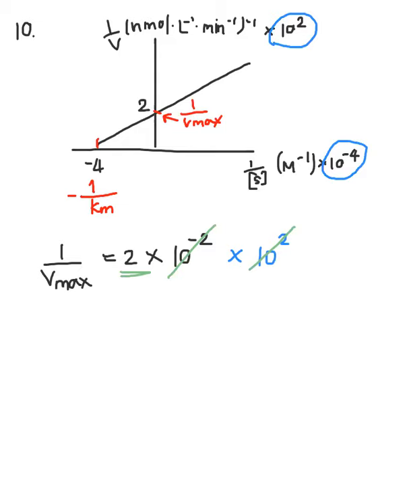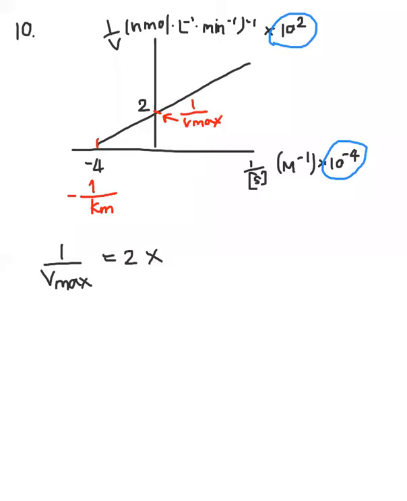Because if you don't use the factor to get the actual value, the calculation for Vmax or Km would be inaccurate. So getting back to our 1 over Vmax here, 1 over Vmax would equal 2 times 10 to the -2.